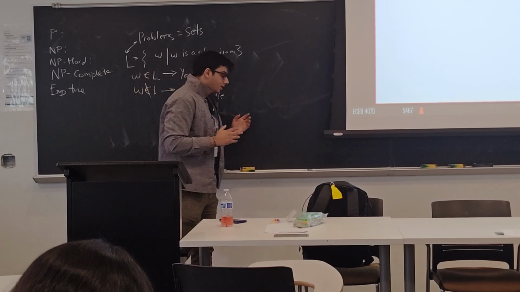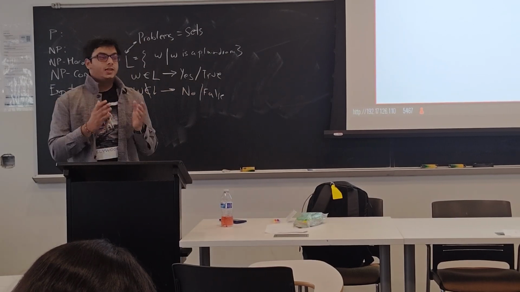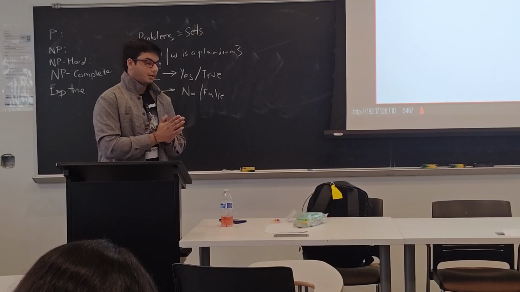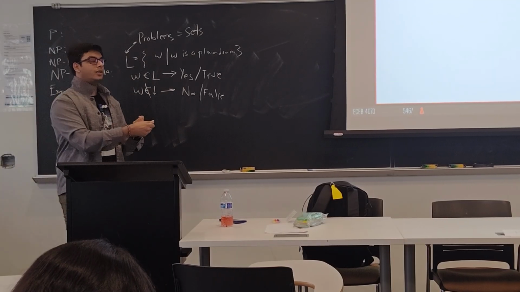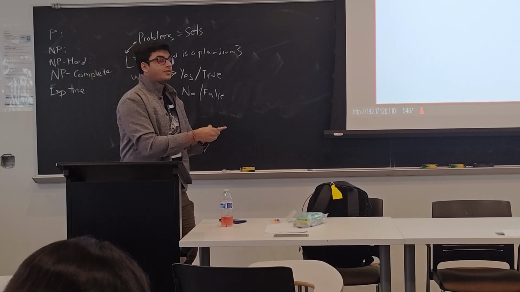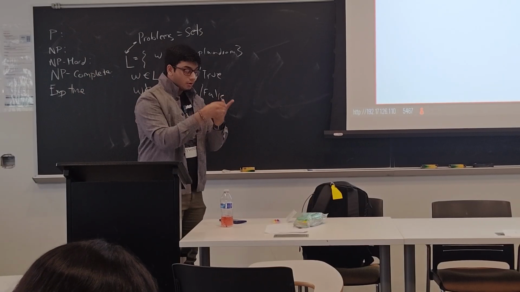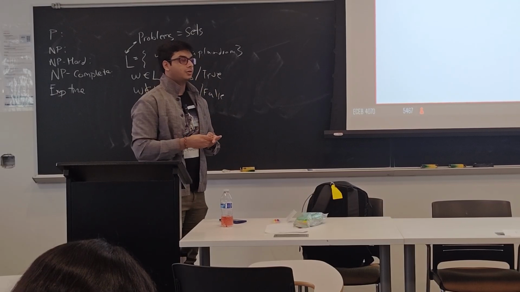Another example of this, you have a Boolean formula phi, and the question is, is phi satisfiable? Is this problem in NP? Yes, because if I give you a Boolean formula as input, and I give you the actual satisfying assignment as proof, you can simply iterate through all of the clauses and make sure that they're all true.